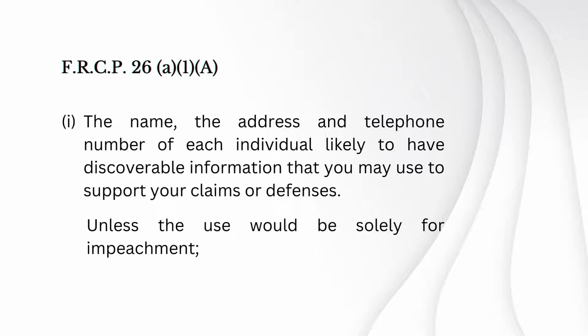Now, of course, the defendant has to do the same thing, but being a plaintiff's attorney, I'm usually talking directly to the plaintiff, the pro se. Now, if the individual or individuals are to be used for impeachment purposes, then plaintiff, you are not required to disclose those individuals.